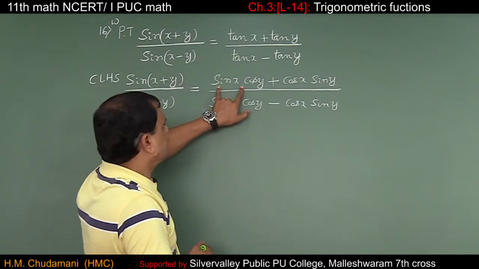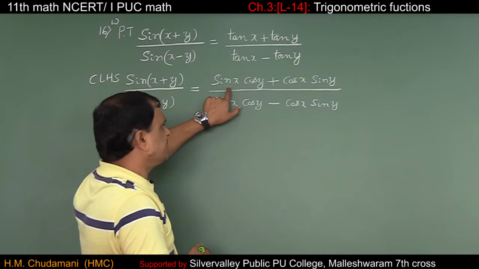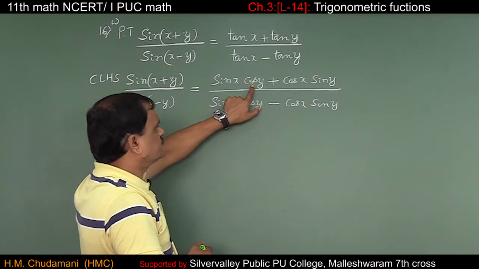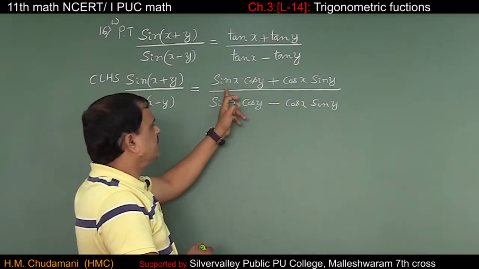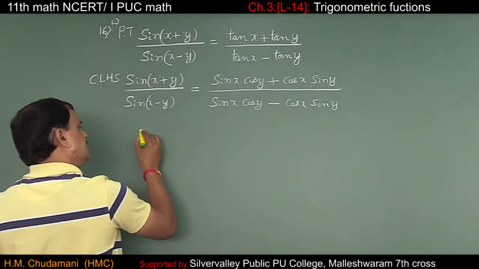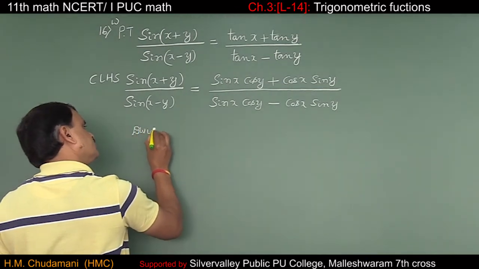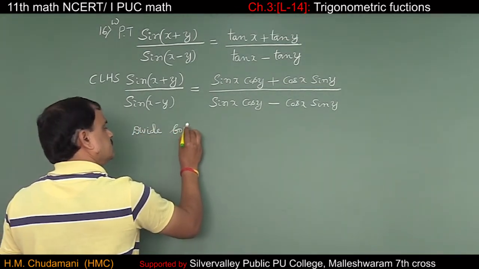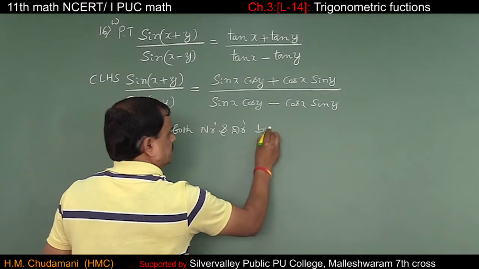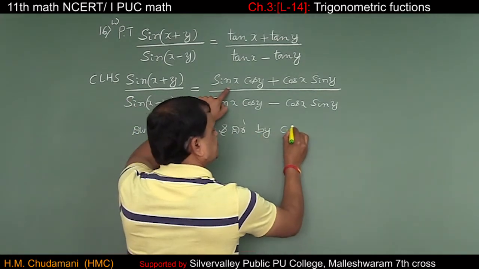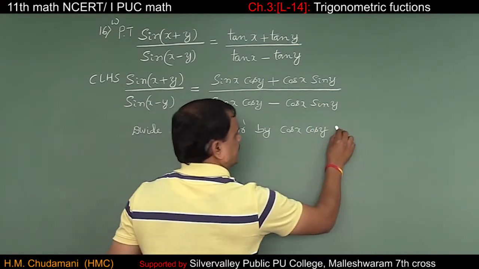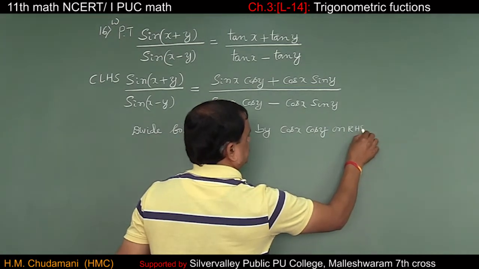See, in the first term we want tan x, sin x divided by cos x. So cos y you need to eliminate. So, divide by cos x cos y throughout the equation, both numerator and denominator by cos x cos y, since cos x cos y is on the RHS here.